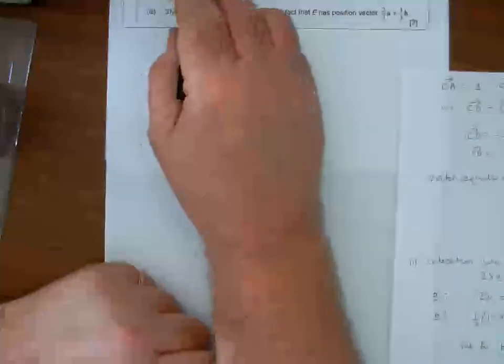So CD was intersecting with a line. It's going 2/3 of A, so it's going 2/3 along there, and a third of B.